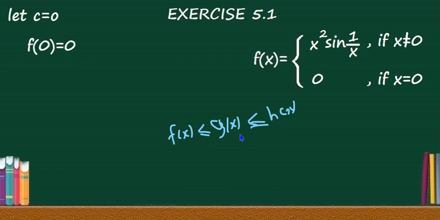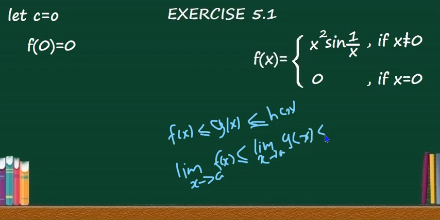Then the limit of g of x also lies between the limit of f of x and the limit of h of x, which is called the sandwich theorem. This result we will use: limit x tends to a f of x is less than or equal to limit x tends to a g of x less than or equal to limit x tends to a h of x. And this is called the sandwich theorem.